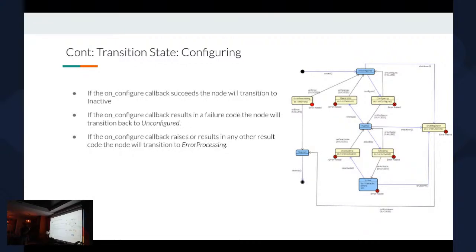The callback that allows us to do this configuration is called the onConfigure callback, and upon success of this callback, we'll transition to the inactive state, and if we have some failure, it will go back to the unconfigured state. If the configure transition raises some kind of error that is not possible to be handled, we are going to the error processing state. And after that, if we are able to handle the error, our code will go back to the unconfigured state. Otherwise, it will go to the finalized state.